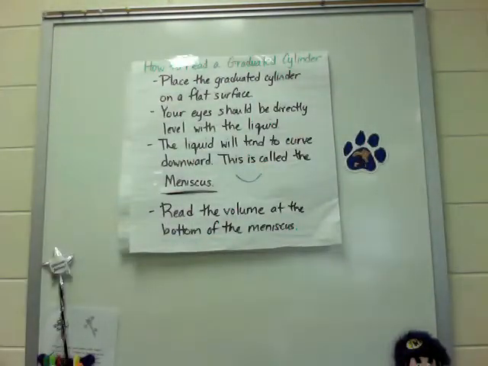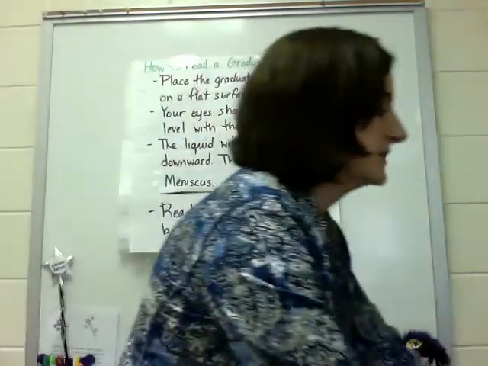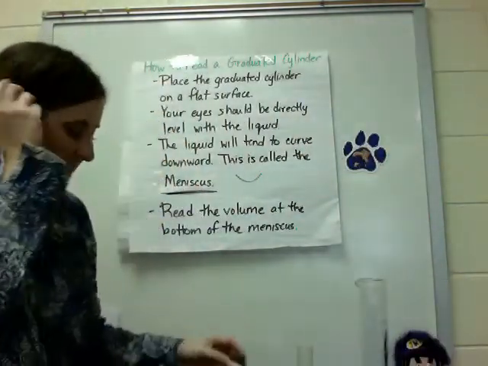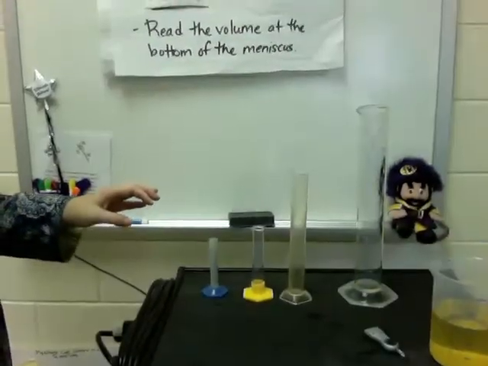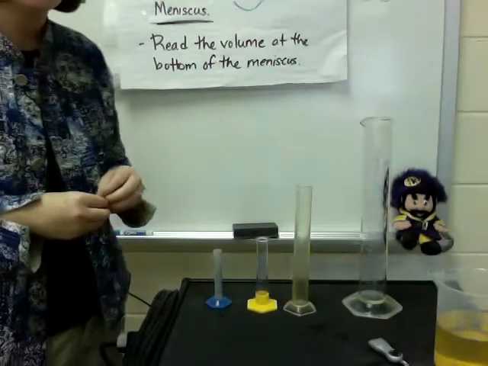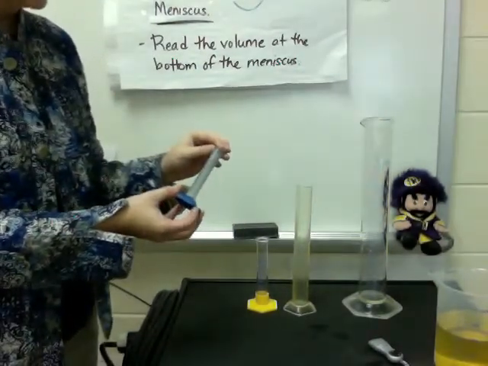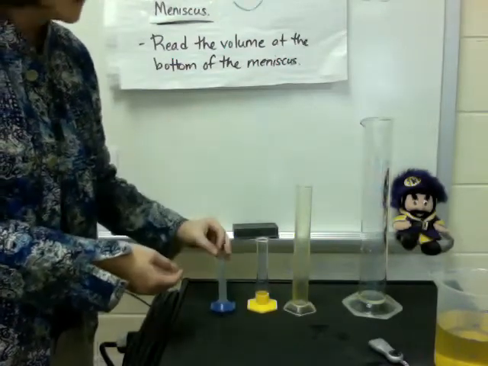Now, before we can begin looking at how to find the volume of a substance, we have to look at the graduated cylinder. We've got to figure out how to read the graduated cylinders. Now, graduated cylinders come in a variety of sizes, and they each are measured or calibrated in different amounts. Our smallest graduated cylinder here is measured in 0.2 milliliters.